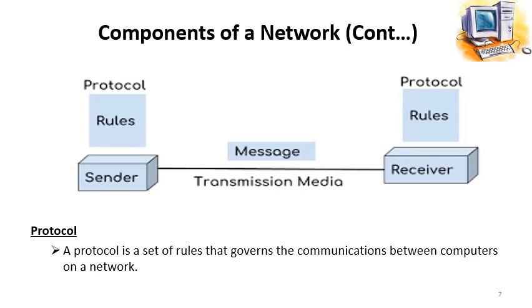For now we are just discussing the main components of a communication network that we have discussed in this lesson. The components are the sending device, receiving device, transmission medium, communication devices, and protocol. So these are the basic components of a communication network.